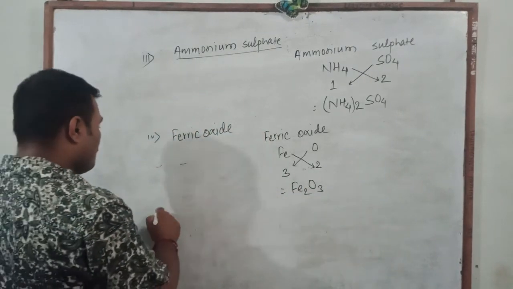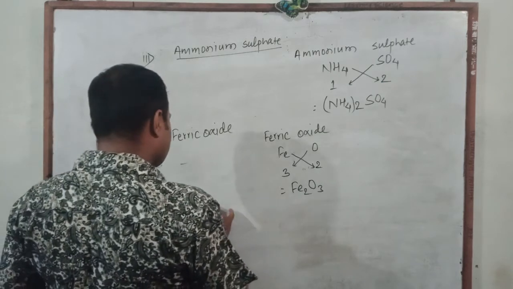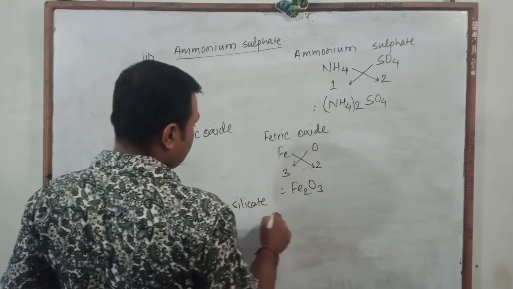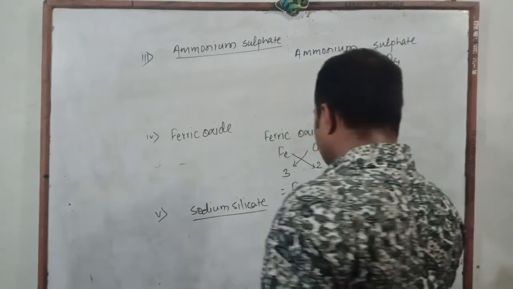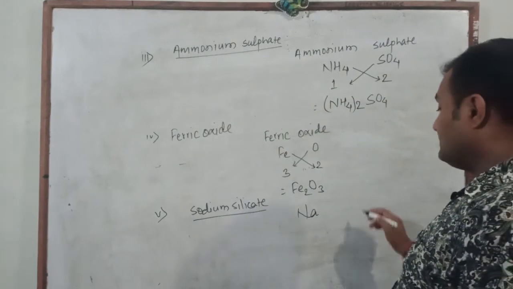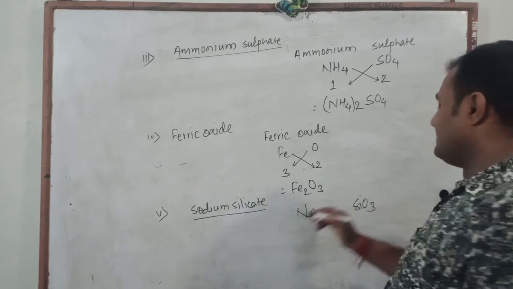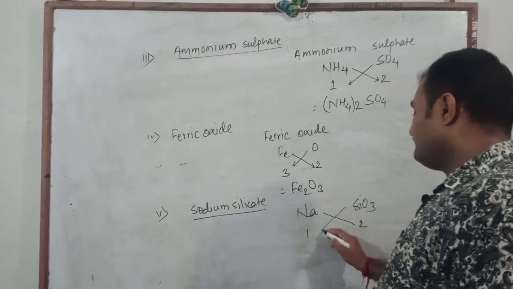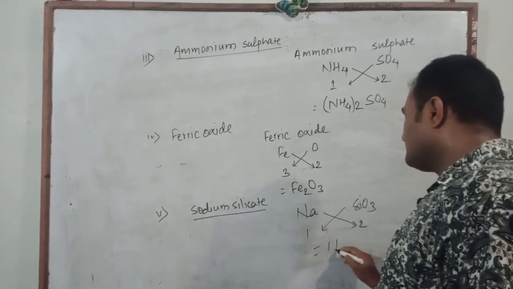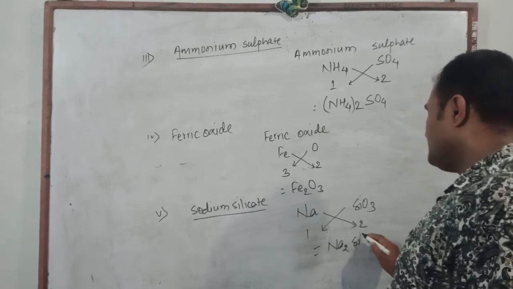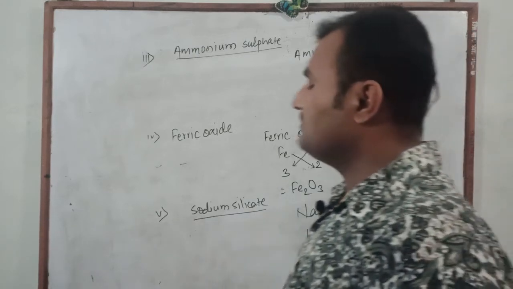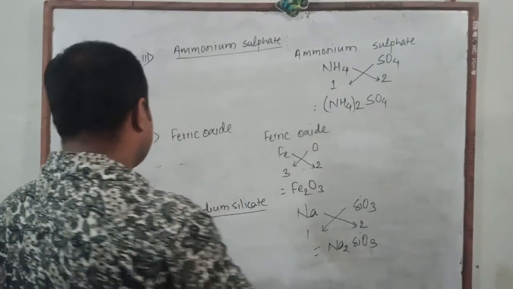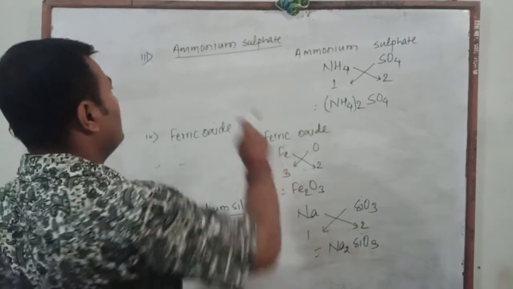We can write more formulas, like sodium silicate. Sodium is represented by Na, silicate by SiO3. Sodium valency is 1, silicate 2. By directly applying crisscross, we get Na2SiO3.